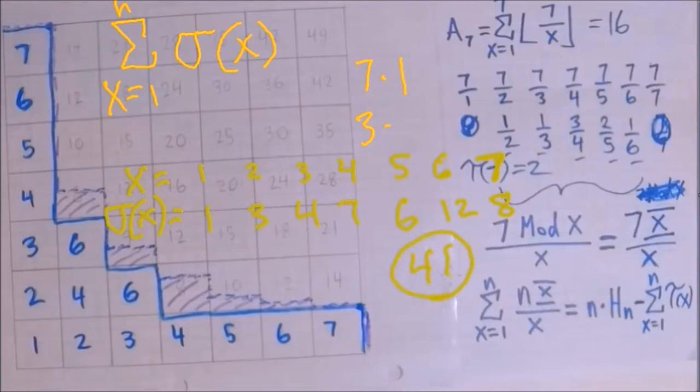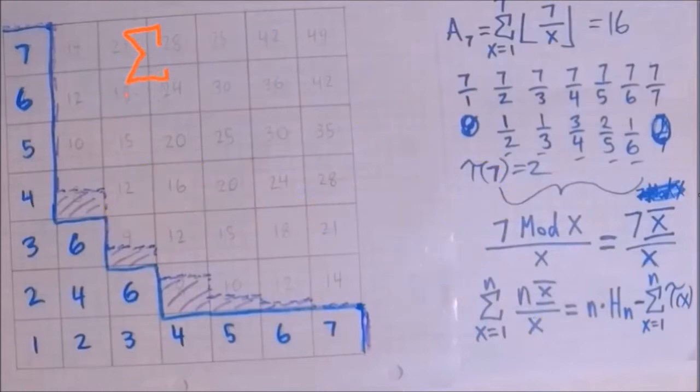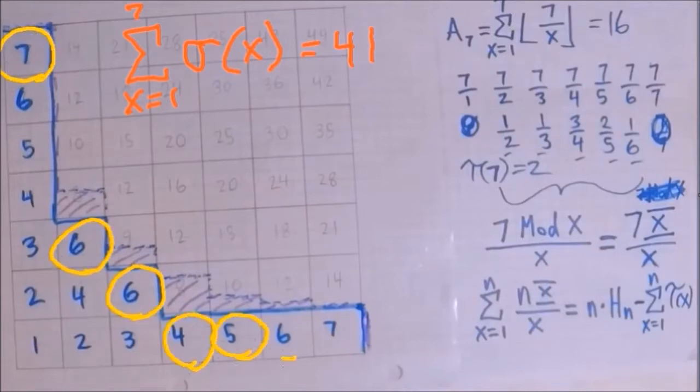Now let's do a couple more observations here. We have the sum from x equals 1 to 7 of sigma x equals 41. Well, now let's take 7, 6, 6, 4, 5, 6, and 7, the value at the top of every column.